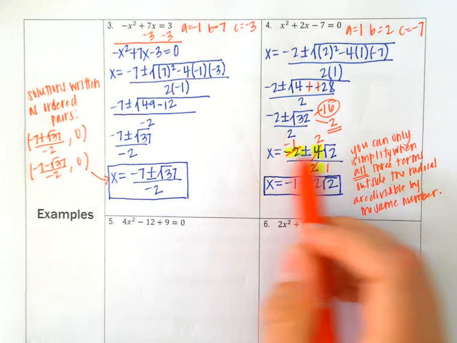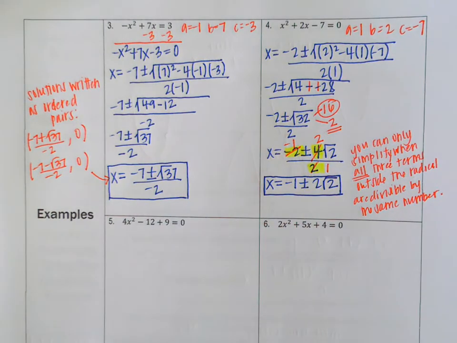So this 2, 4, and 2 were all divisible by the same number. But if it was just the 2 and the 2, you wouldn't be able to simplify it. It has to be all 3.